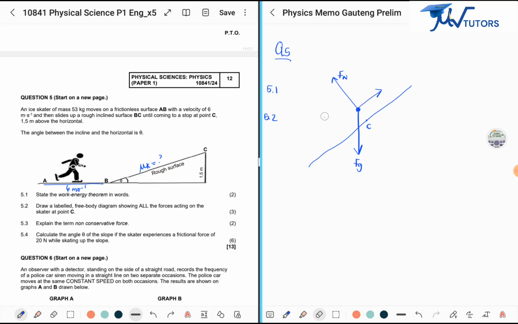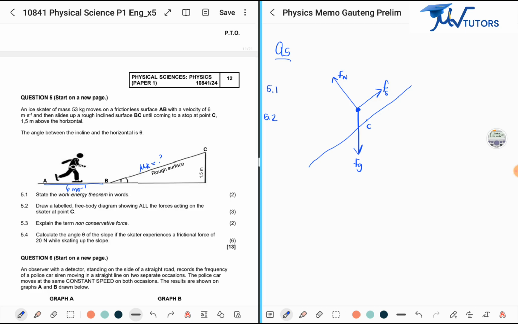And that is why they are still. I wouldn't even say it's Fk at this moment, because that's kinetic friction. This one is Fs. That was a tricky one, because the temptation here is to draw it going downwards to the left. But anyway, those are the 3 marks.